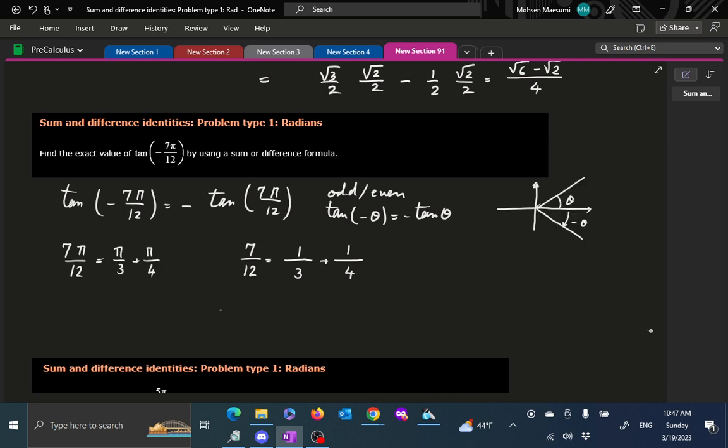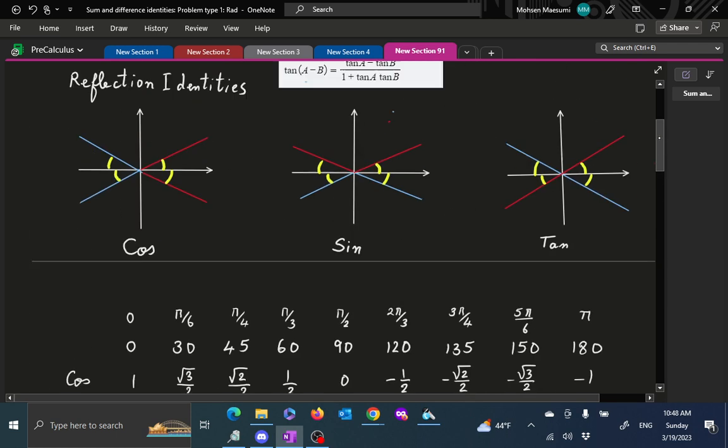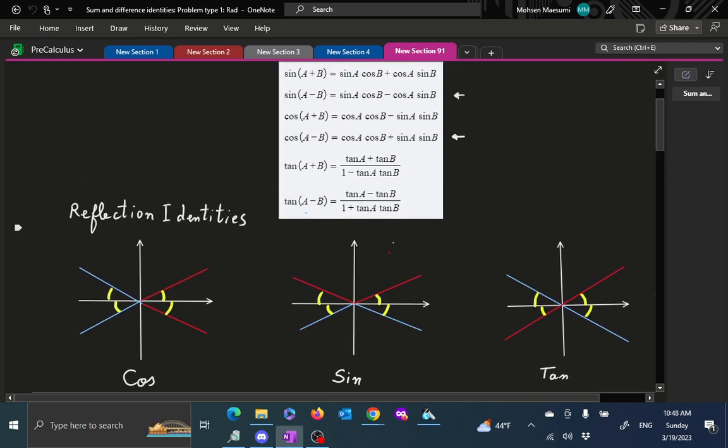Now let's make sure we don't lose our track. What we want is negative of the tangent of this. Now I'll go ahead, calculate the tangent, and not to forget, at the end we have to kick it with a negative to get our final answer. So we say tangent of 7 pi 12, well, what was our formula for tangent of the sum?